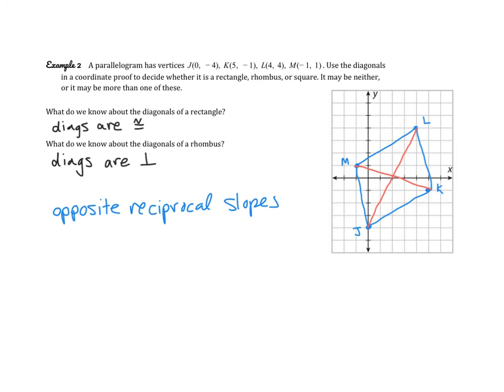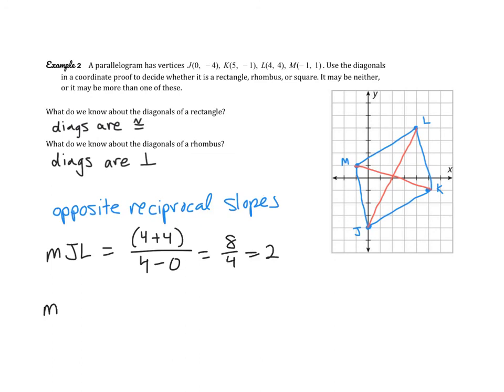So let's start by finding the slope of JL. So remember, it's change in y over change in x. So we can do 4 minus negative 4 over 4 minus 0. So this is 8 over 4, which is a slope of 2.